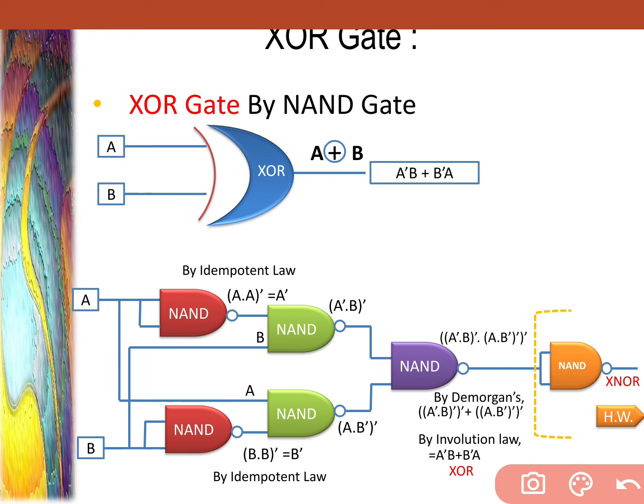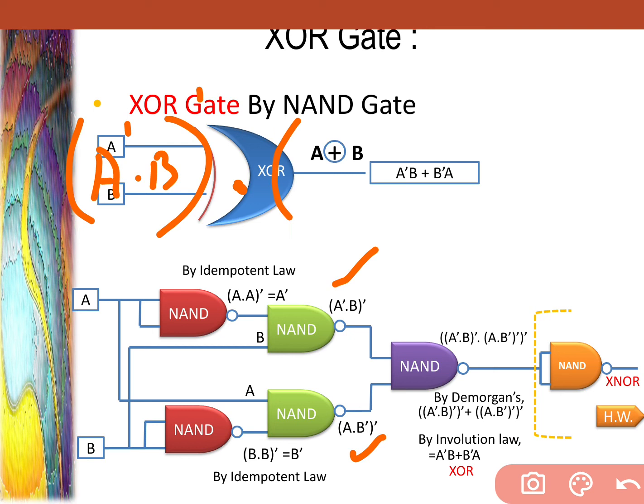See, I'm using these. A dash dot B whole dash, I am sending this with a NAND gate. Then what happened? Dot with the next expression.